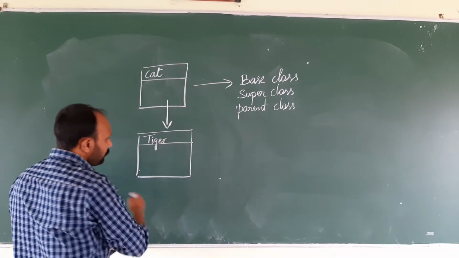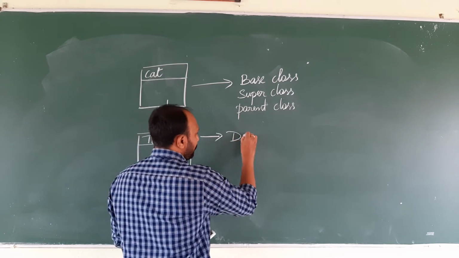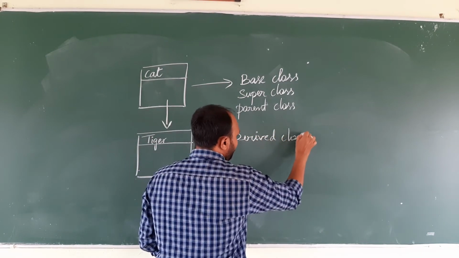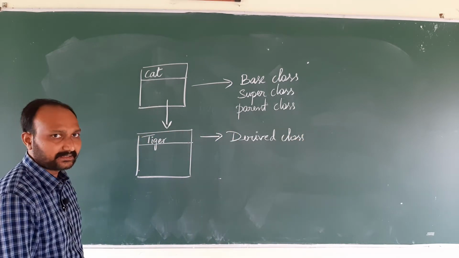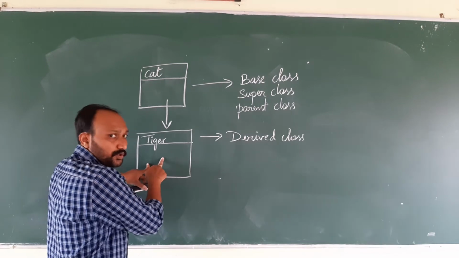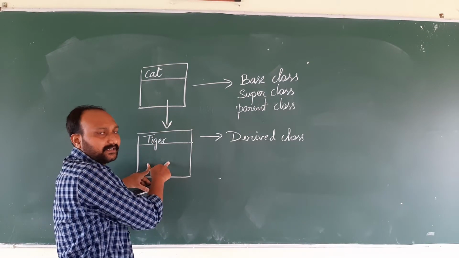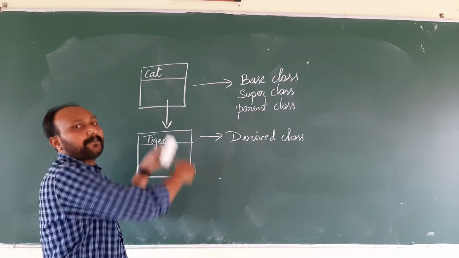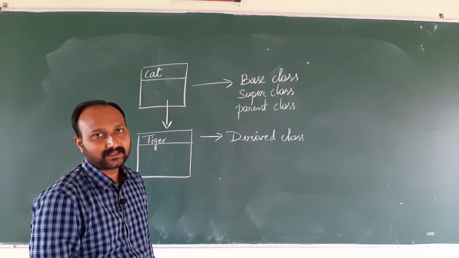Then what is this new class referred to as? This new class is referred to by the name derived class. So, what is the definition now? What is a derived class? The class which inherits the properties of other classes, which takes the properties of other classes, is called a derived class.